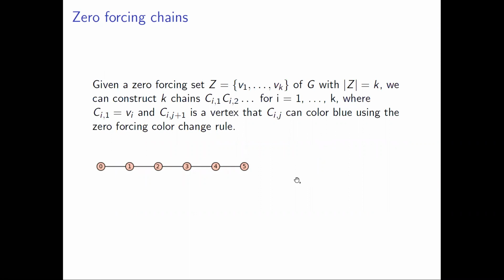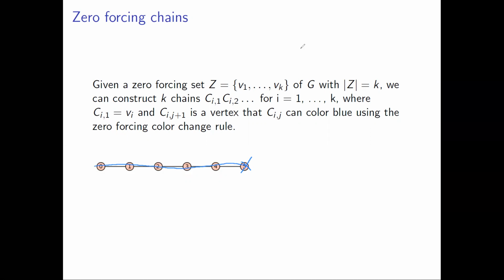If our graph was just a single path, then it would only have a single zero forcing chain if we started with a minimum zero forcing set. So if we started, for example, with this vertex blue, this would give us just this single zero forcing chain.